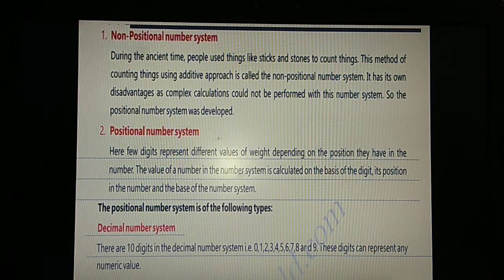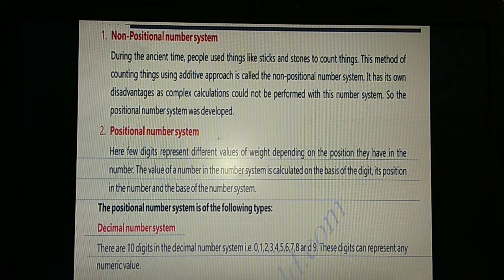So, the positional number system was developed.